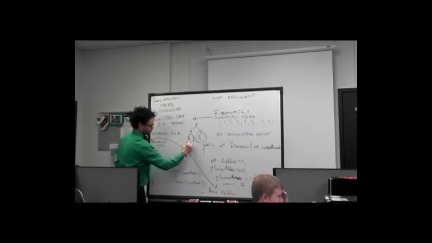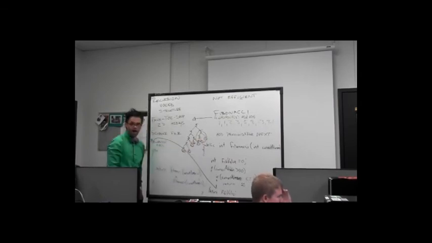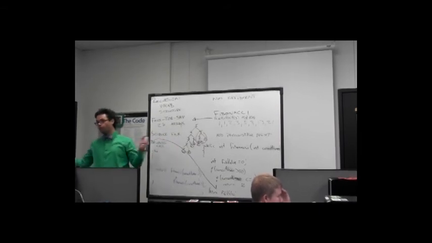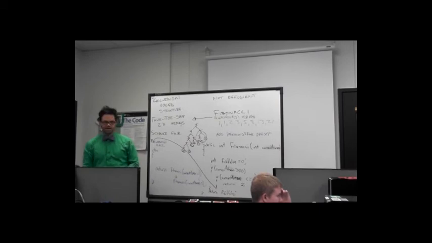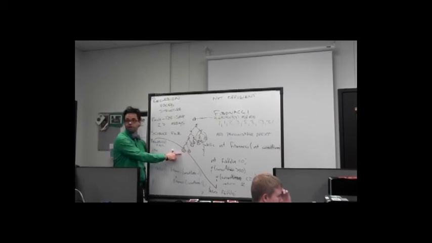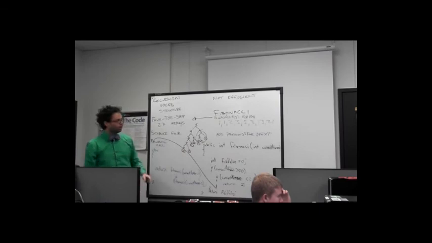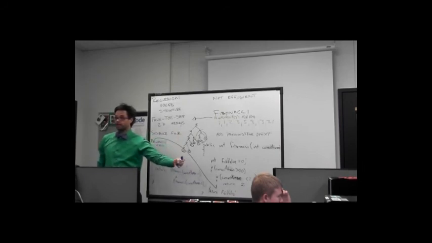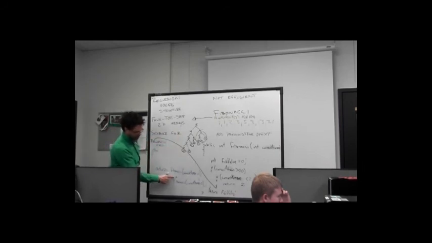Fib of 5 is 1 plus 1 plus 1, 1, 1, 1, 1, 1. 1, 2, 3, 4, 5, 6, 7, 8. Hey! Fib of 5 is 8! Our math worked! Woohoo! Because every time I get to a 0 or 1, that's just a 1 to add up. And we talked about in the notes how at the base case, that's when I stop generating information and I start gathering the information.